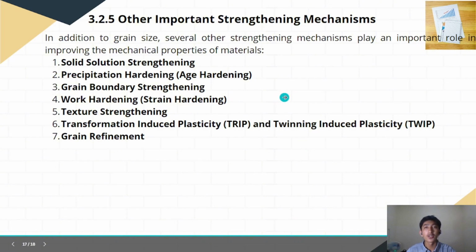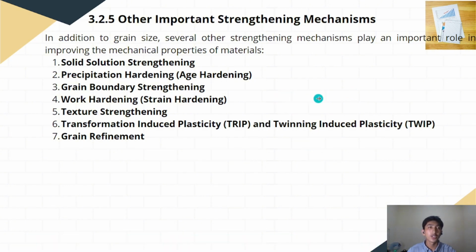Other important strengthening mechanisms. In addition to grain size, several other strengthening mechanisms play an important role in improving the mechanical properties of materials. The first is solid solution strengthening. Second, precipitation hardening or age hardening.